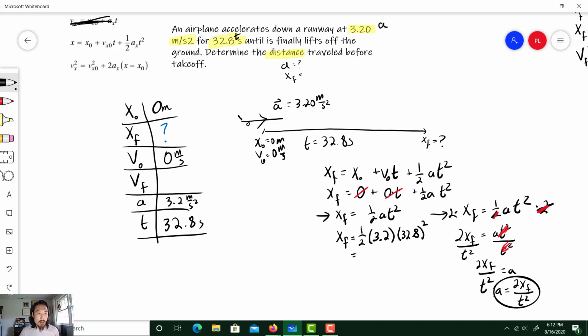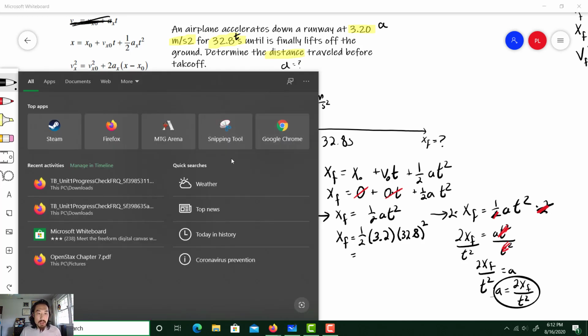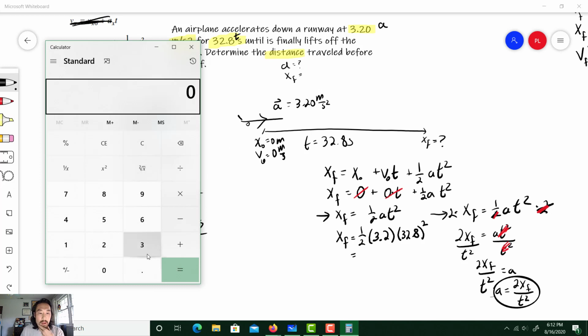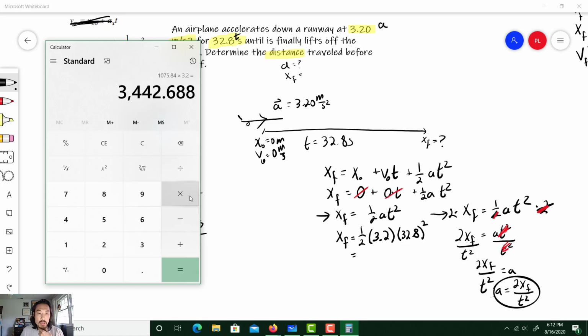And at this moment, I'm going to get my handy dandy calculator. All right. So we have 32.8 squared. So I'm just going to multiply that by itself. 32.8. Okay. Times 3.2 times 0.5.